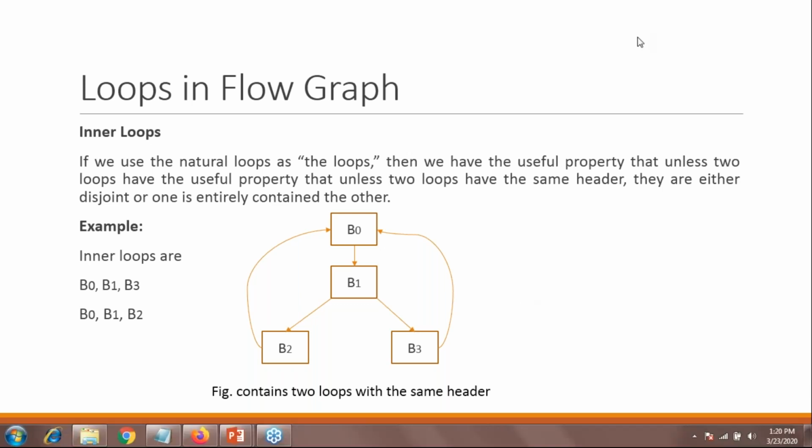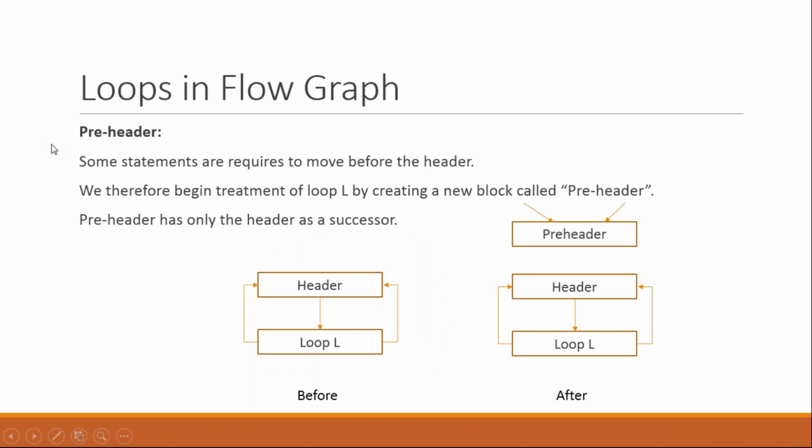Now the last concept for loops in a flow graph is the pre-header. What is a pre-header? The header before our actual header is known as the pre-header. And why do we require a pre-header in our example?